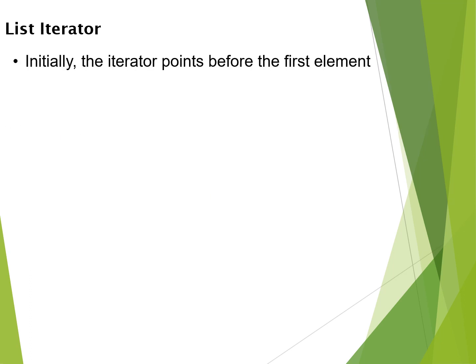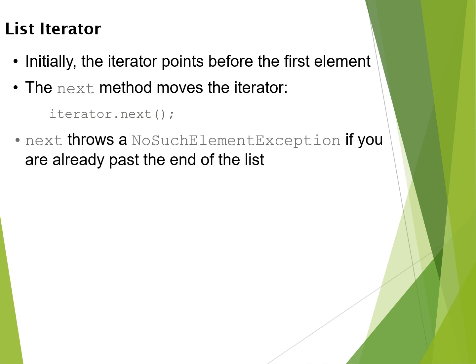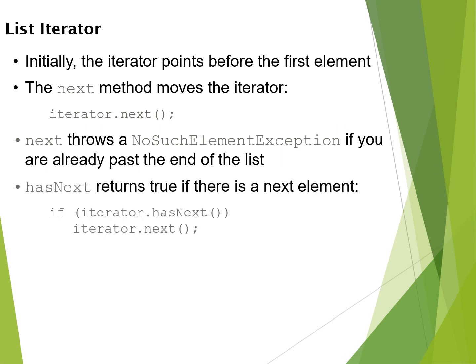As I said, initially the iterator points before the first element. The next method moves the iterator one position forward. So iterator.next points to the next element in that linked list. You need to remember that if you're already past the end of the list and you call next, then the next method throws a NoSuchElementException.